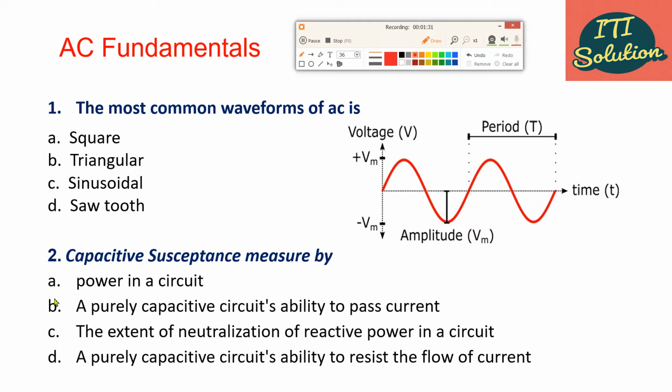Correct answer is option B, a purely capacitive circuit's ability to pass current. Susceptance is the measure of how much a circuit is susceptible to conducting a charging current. Unit is Siemens or mho, like conductance or admittance. It is the reciprocal of reactance, whose unit is ohm. Clear? Okay, next question.